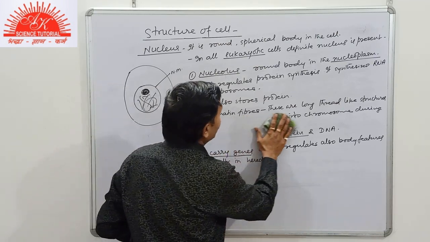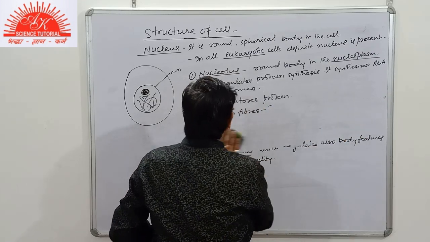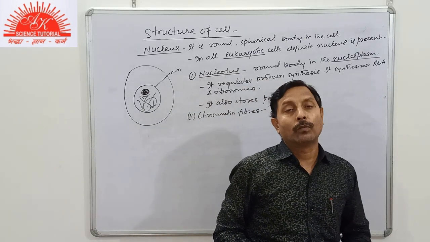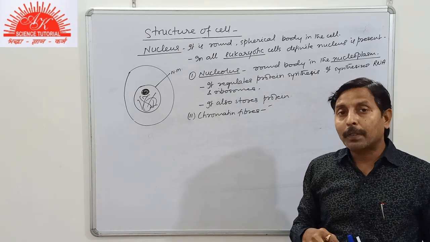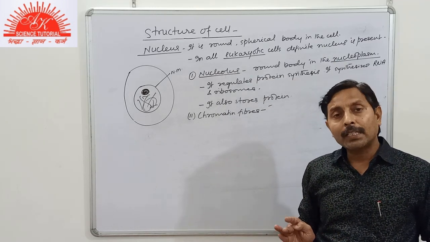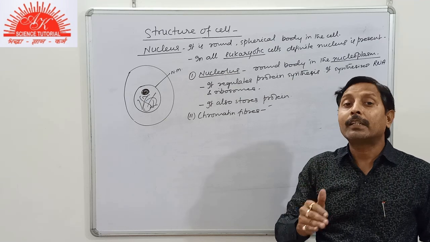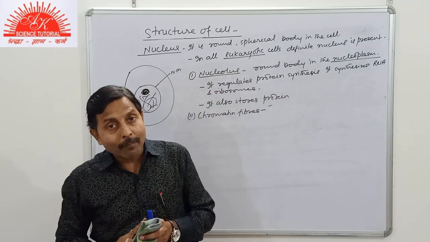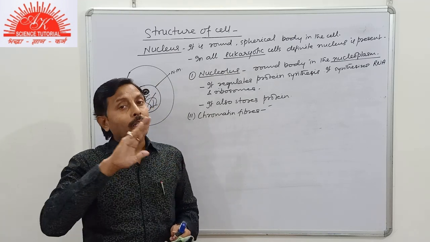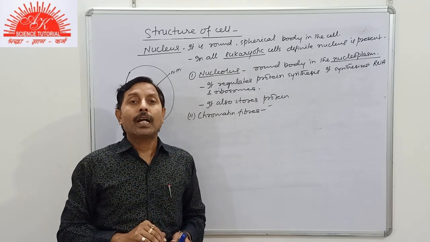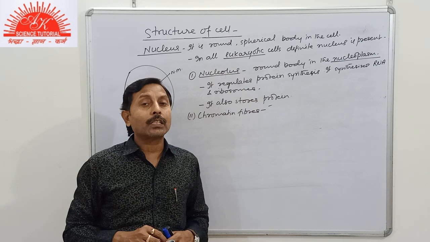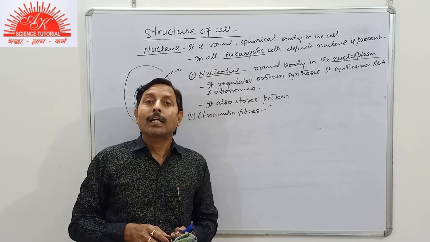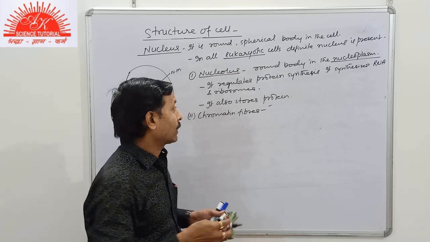Now we see, students, that chromatin fibers condense to change into chromosomes. The different species of organisms have a definite number of chromosomes, but remember, it is not the number of chromosomes that determines our features, but it is the genes on the chromosomes that determine our characters.